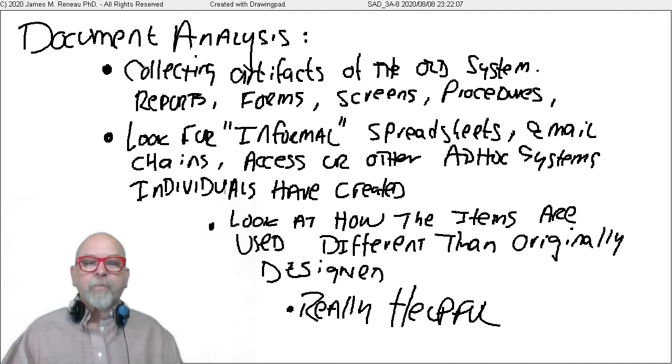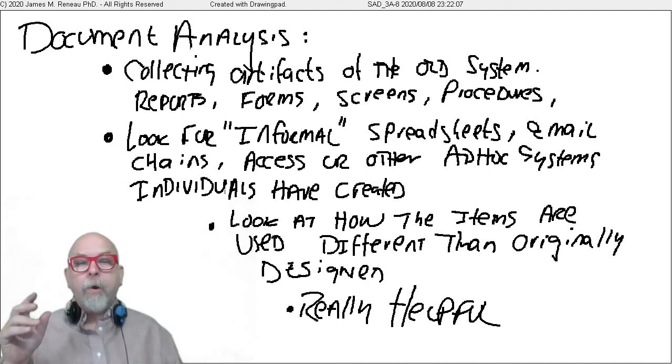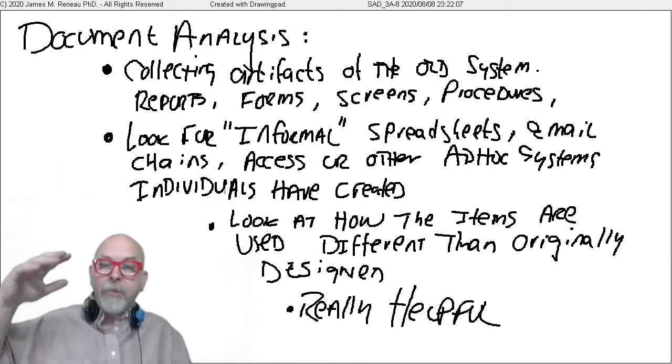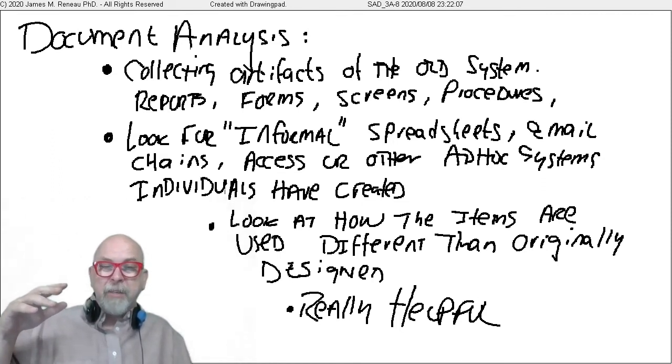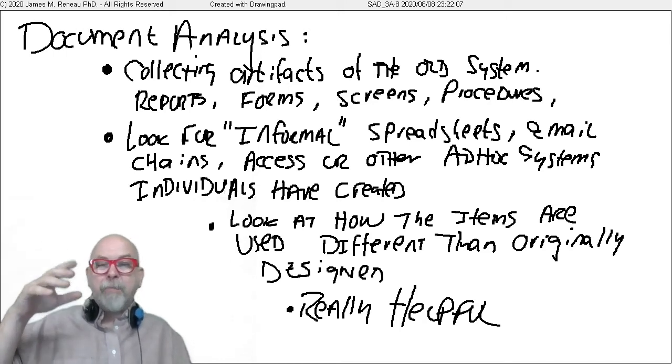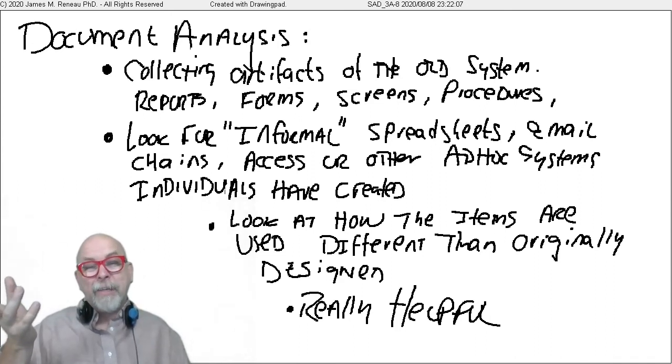And then look for how these artifacts are used differently than they were originally designed to be used. Maybe this report was designed to do this, but the user takes that report, copies it, pastes it, cuts it, puts it into Excel, creates a pivot table, draws this chart, and that's what they really use.